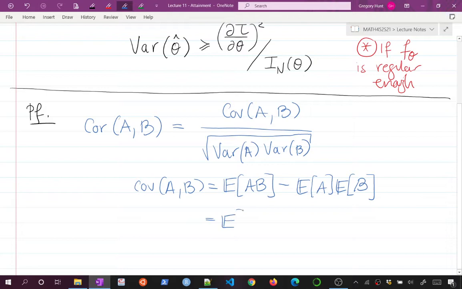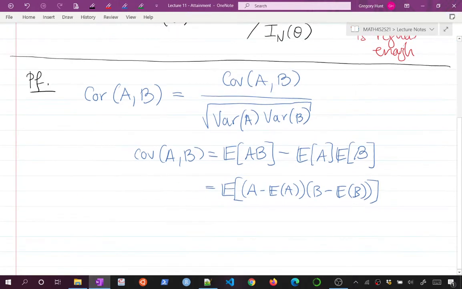The formal definition of covariance is A minus its expectation times B minus its expectation. Basically, I center A and B, and then I take the expectation of their product.